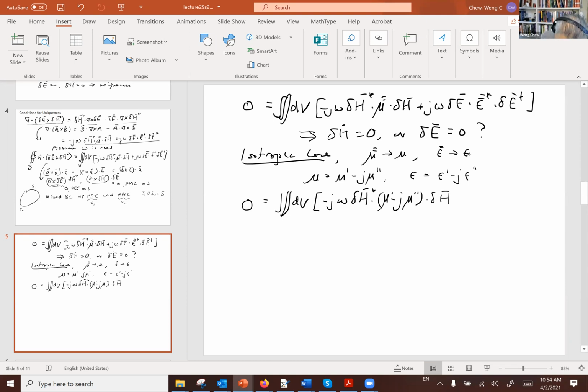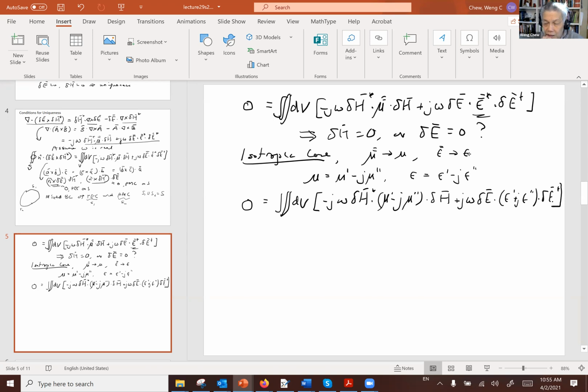And then I would have something like this now, and then epsilon prime minus j epsilon double prime. There's no bar here because I'm dealing with isotropic cases. And then I have to change the sign of this to plus j because I'm taking the complex conjugate here.